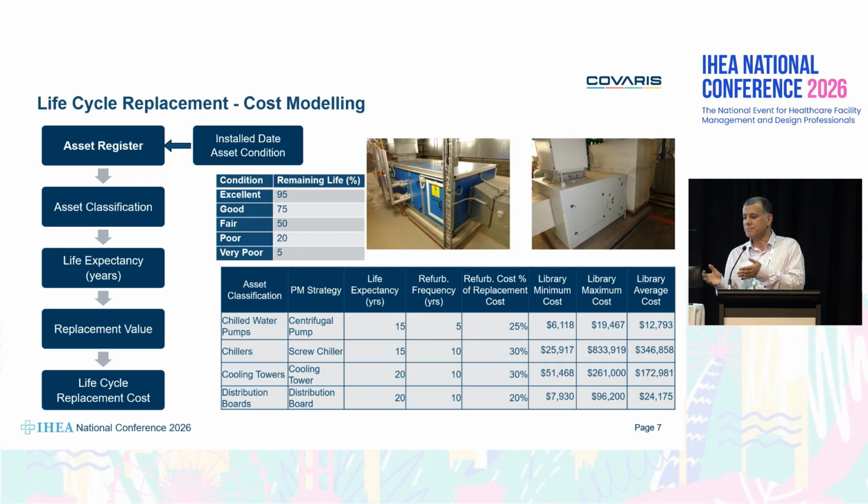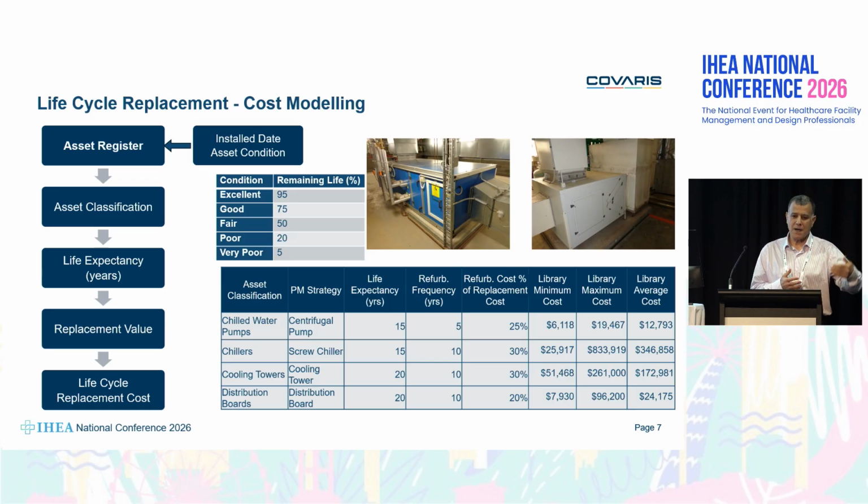The maximum is, let's say, $260,000, and on average, it takes $172,000 to replace this asset. Then in the modeling we said, if the asset management information system or database the site has is more than the minimum, we use the actual replacement value, but usually you don't have that replacement cost in your database, so we just go with the library average.